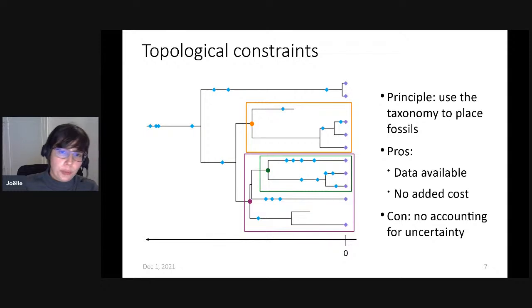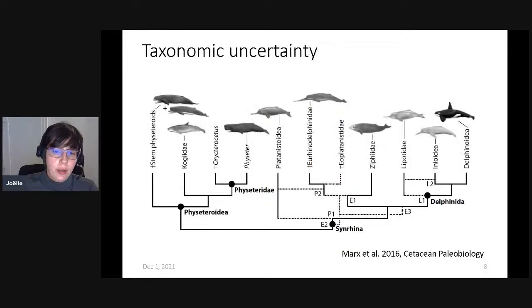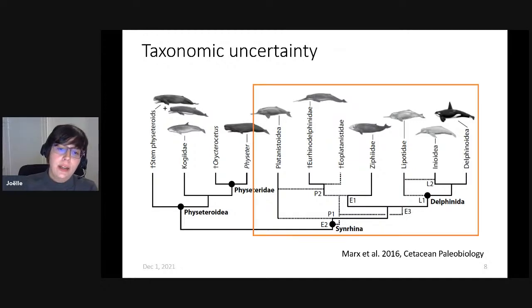And that creates issues that are very quickly evident if you start looking at empirical data sets. So we see here the crown group of Cetaceans, and we can see if we look at this part of the figure that there's quite a bit of debate as to the placement of different taxonomic groups in relation to each other.